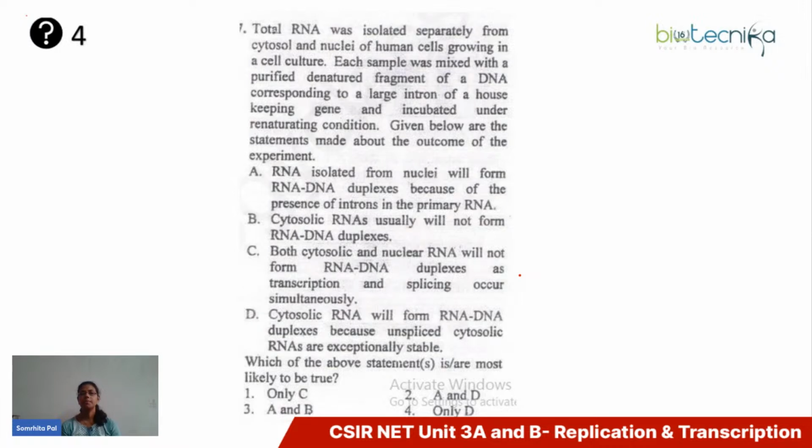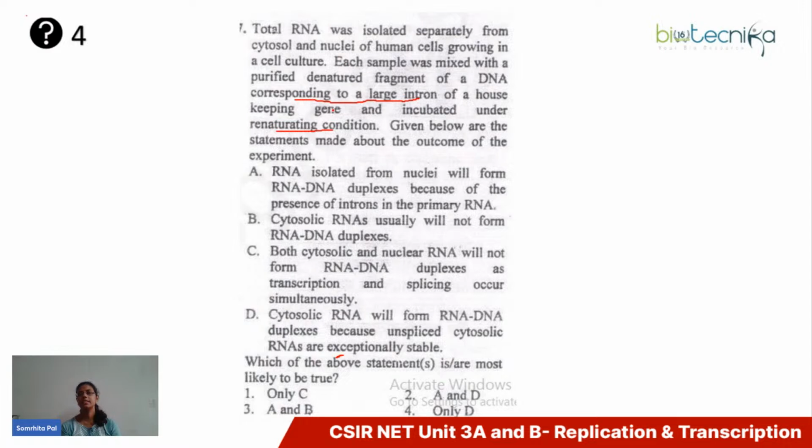Each sample was mixed with a purified denatured fragment of DNA corresponding to a large intron of a housekeeping gene, and incubated under renaturing conditions. Given below are the statements made about the outcome of the experiment.